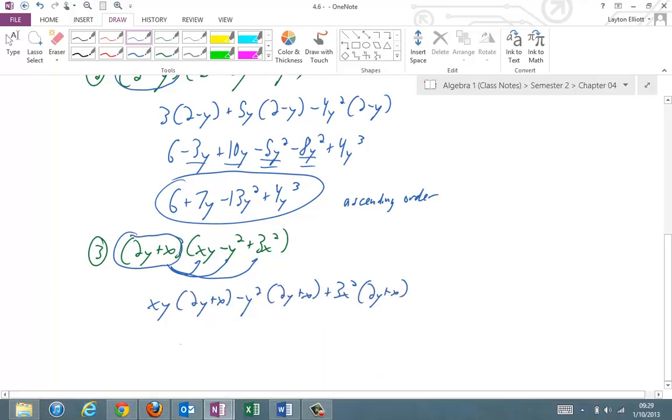Then you multiply the xy by the 2y to get 2xy squared plus x squared y, then minus 2y cubed minus xy squared plus 6x squared y, then plus 3x cubed.